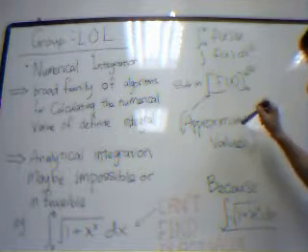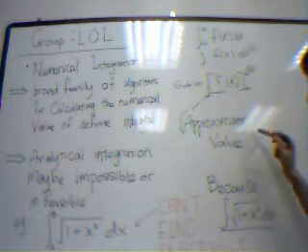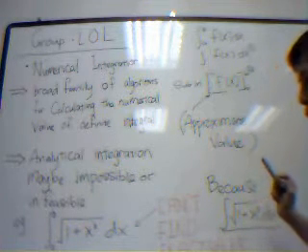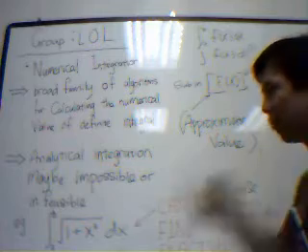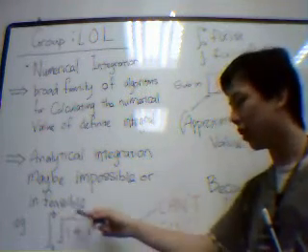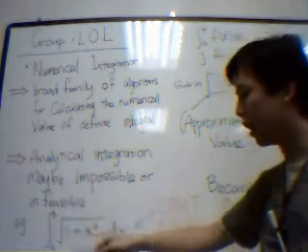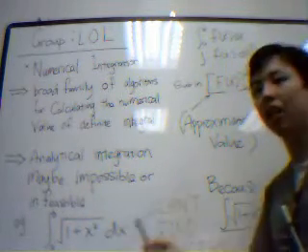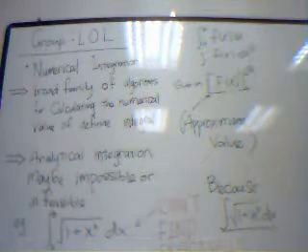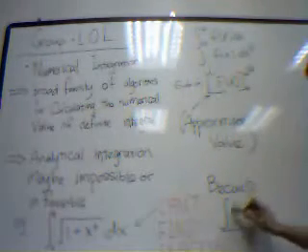By doing that, we can find the approximate value, but we cannot find the exact value. For example, for some functions, integrating between the limits b and a, we cannot find the exact value because we cannot find the integration of this function.